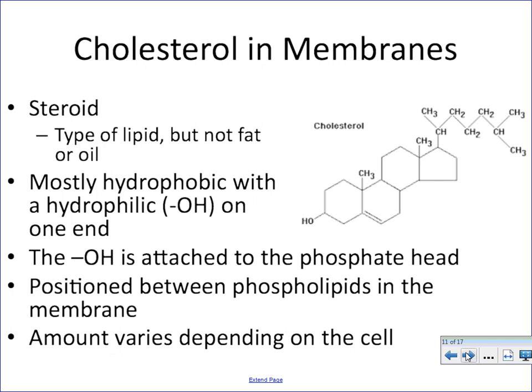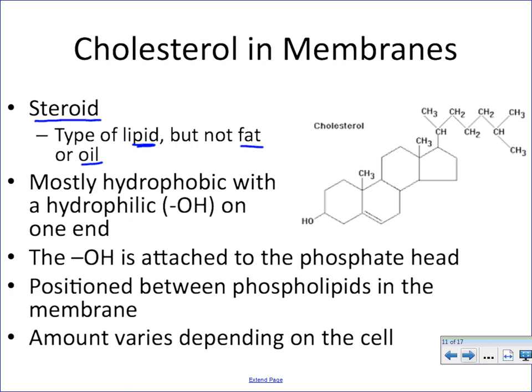Another component of membrane structure is cholesterol. Cholesterol is a common component of cell membranes. Cholesterol itself is categorized as a steroid, which makes it a type of lipid, but it's not considered a fat or an oil. It's kind of its own thing.